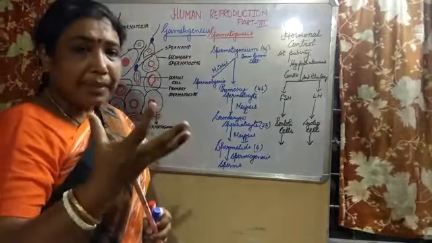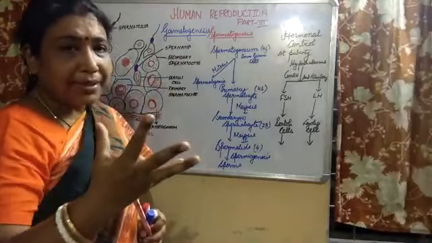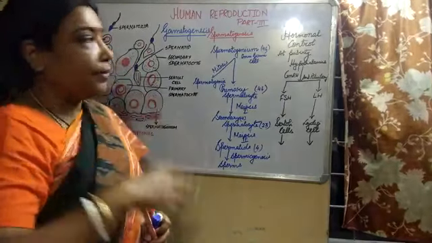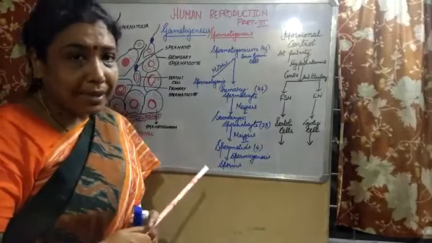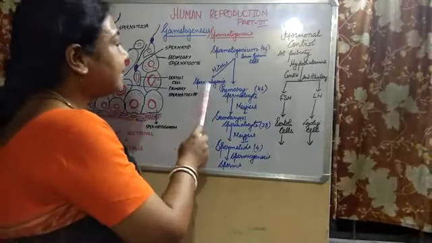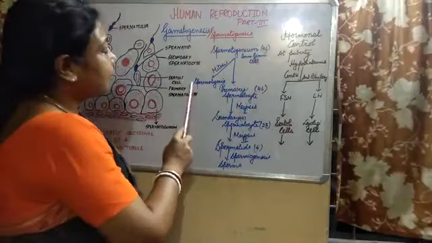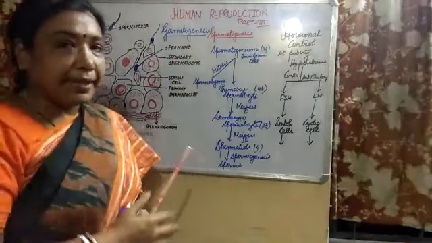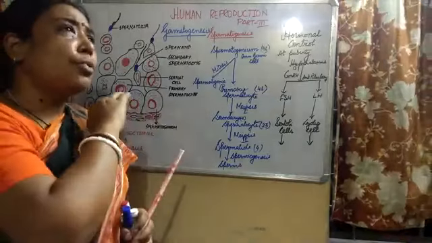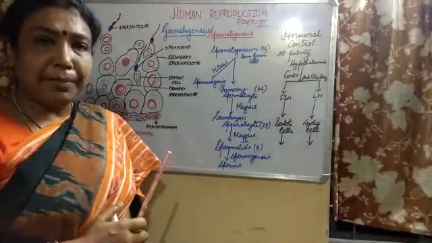From this spermatogonia by mitosis, so many cells will be formed with the same number of chromosomes, because mitosis is an equational division. And since many are produced, now we will be calling them spermatogonia. Now children, so many spermatogonia will be produced.